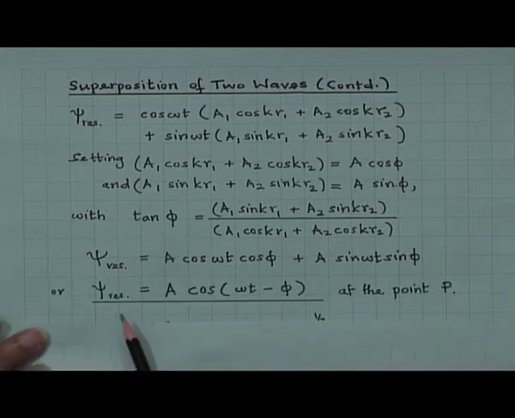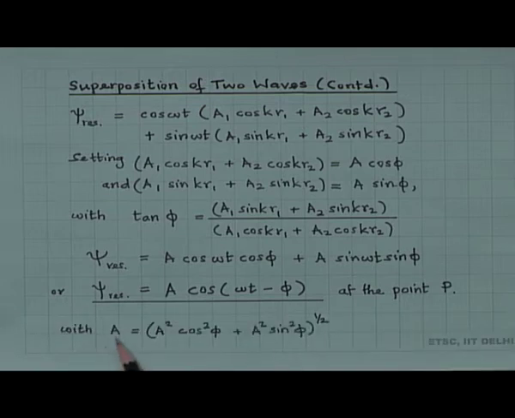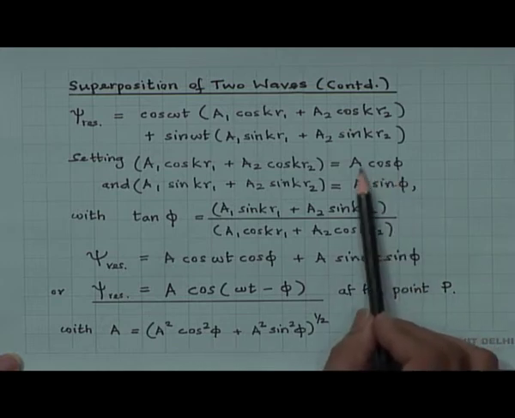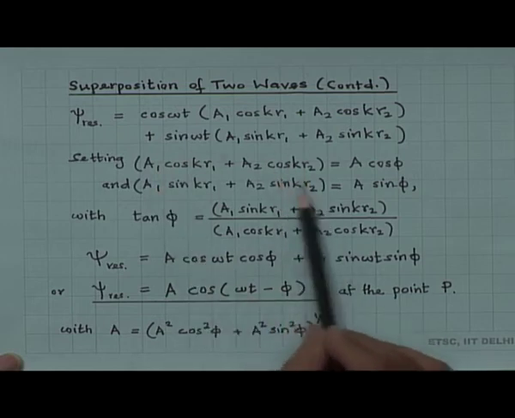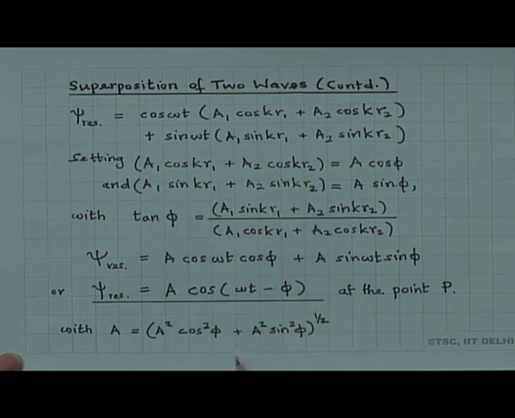In other words, psi resultant is equal to A cos (omega t minus phi) at the point P, with A equal to (A square cos square phi plus A square sin square phi) to the power half. Why have we written this? Because A will be determined from the square of this and the square of this, and the square root.